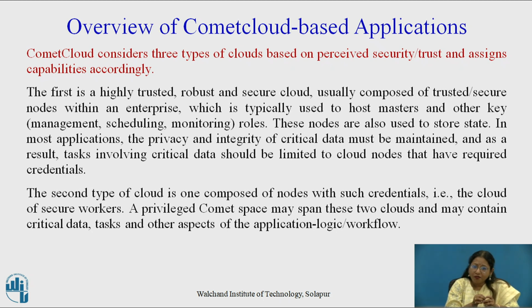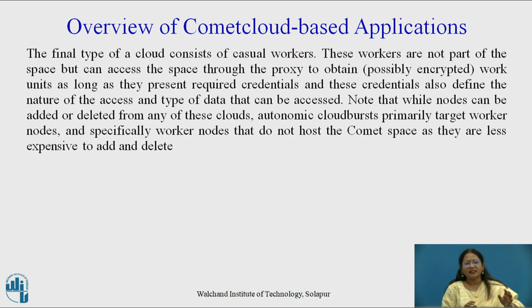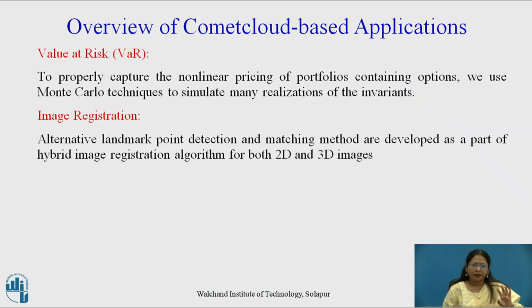The second type of cloud is one composed of nodes with such credentials, that is, a cloud of secure workers. A privileged CometSpace may span these two clouds. And the third and final type of cloud consists of casual workers. These workers are not part of the space but can access the space through the proxy to obtain work units as long as they present the required credentials.